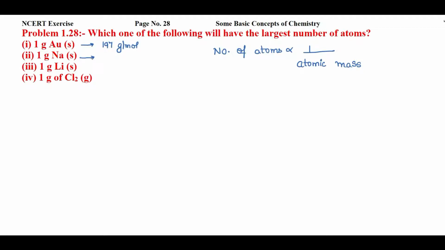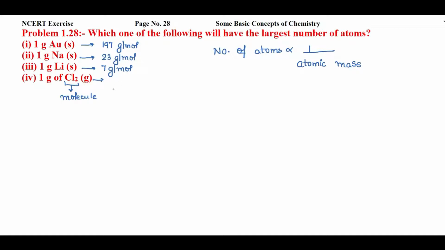And the atomic mass of sodium is 23 gram per mole. The atomic mass of lithium is 7 gram per mole. Now, we do not have an atom over here. This is a molecule. That means we are talking about a molecule in which we have two atoms of chlorine, so we will take the molecular mass over here.